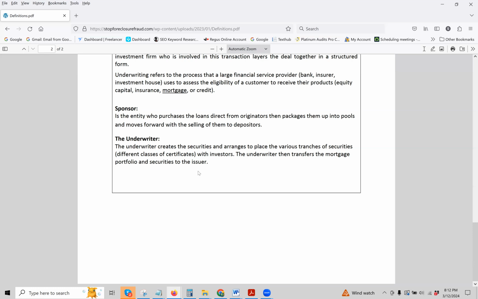Again, it's a database of loans divided up into different sections, which means tranches. Each of the four tranches has its own identifier, 1A, 2B, 3C, 4D, and then its own CUSIP. That's to give you an idea of how they divide these up.